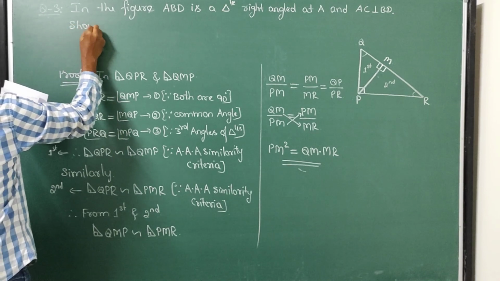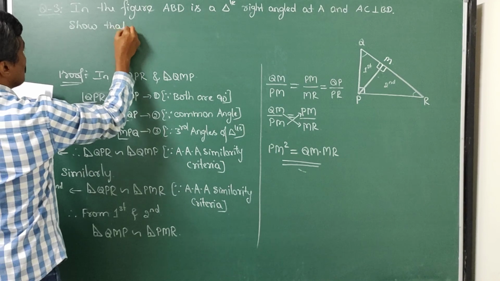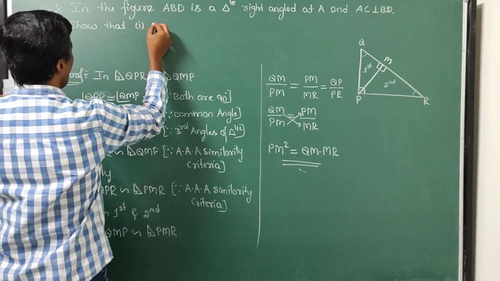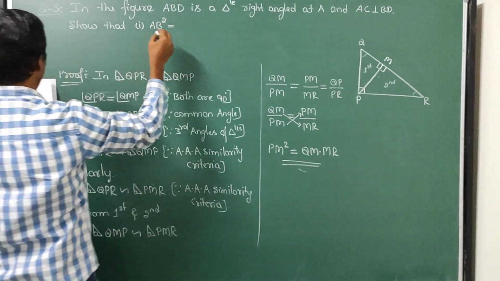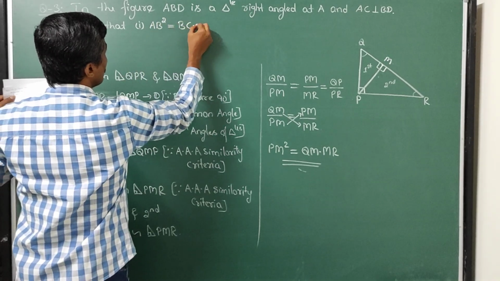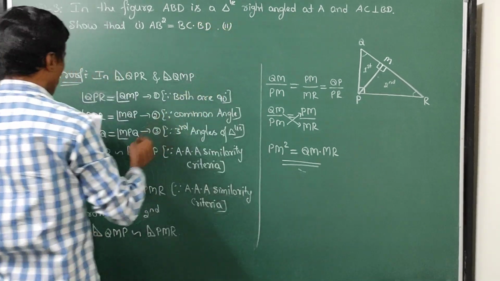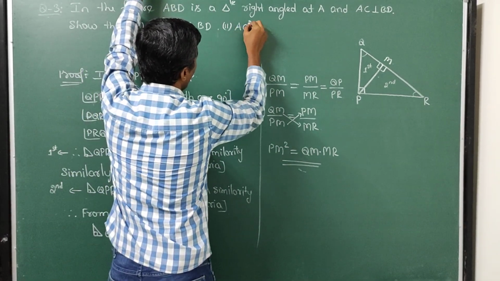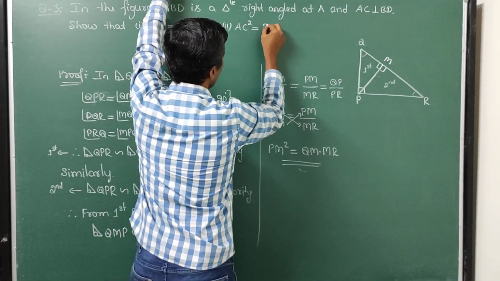Show that. So there are 3 points we have to show here. First point is AB square is equal to BC into BD. Second point is AC square is equal to BC into DC.